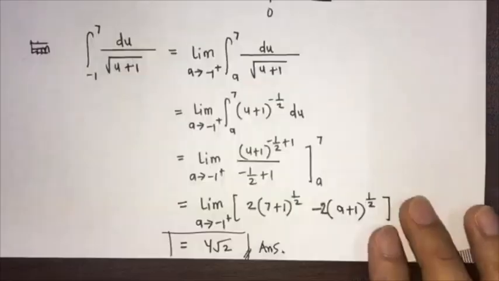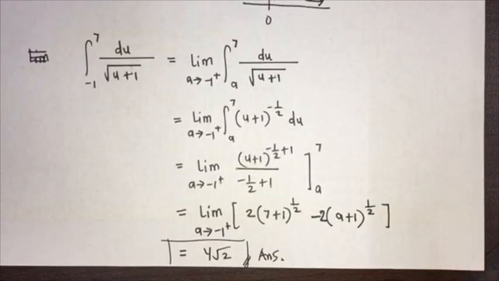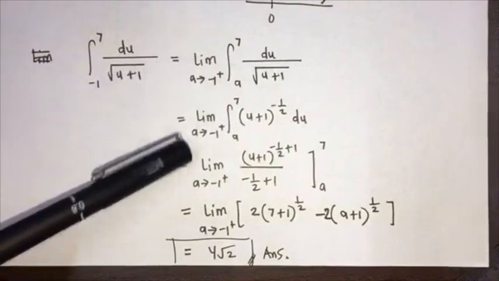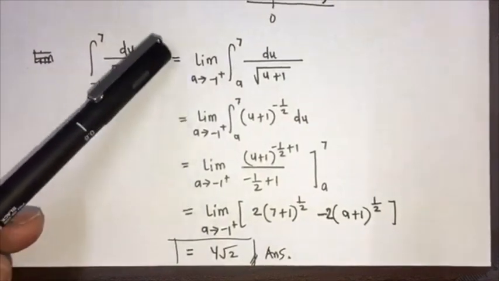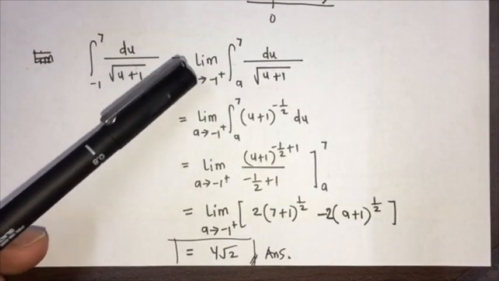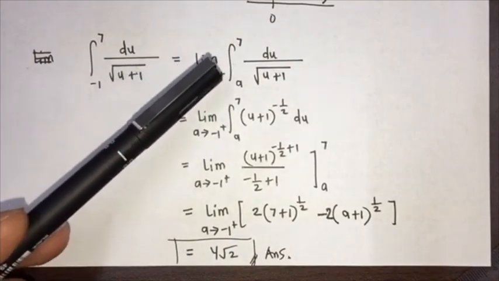Basically, it's nothing new, but you are probably thinking that we can solve this without specifying the limit that a approaches negative 1 from the right.